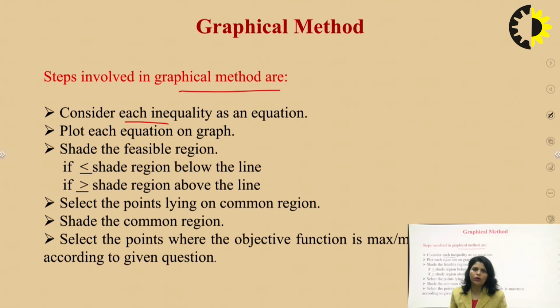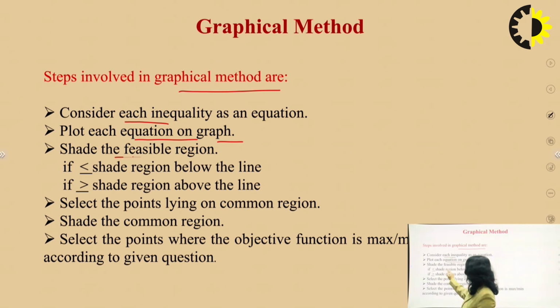We use the equal to sign to convert the constraints into equations. After that, we will plot each equation on the graph. For example, if we have 3 constraints, then we will get 3 equations and 3 lines. So we will plot each equation on the graph.